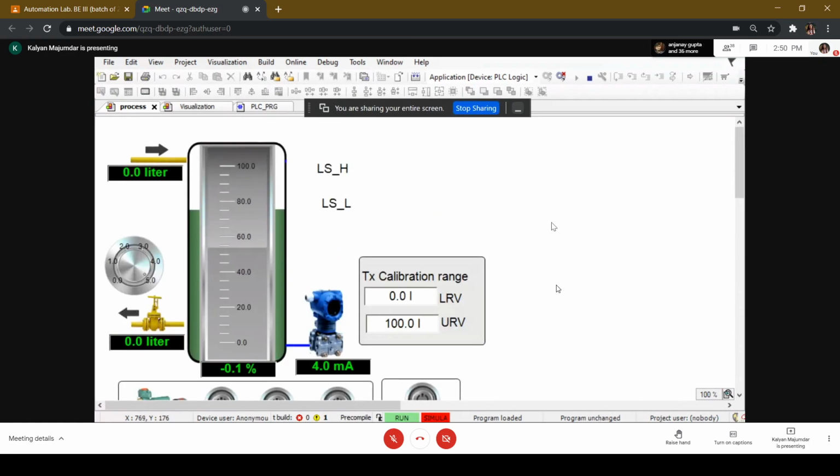Still, I can't get it into a single screen. Anyway, what you have is a tank, as you can see.